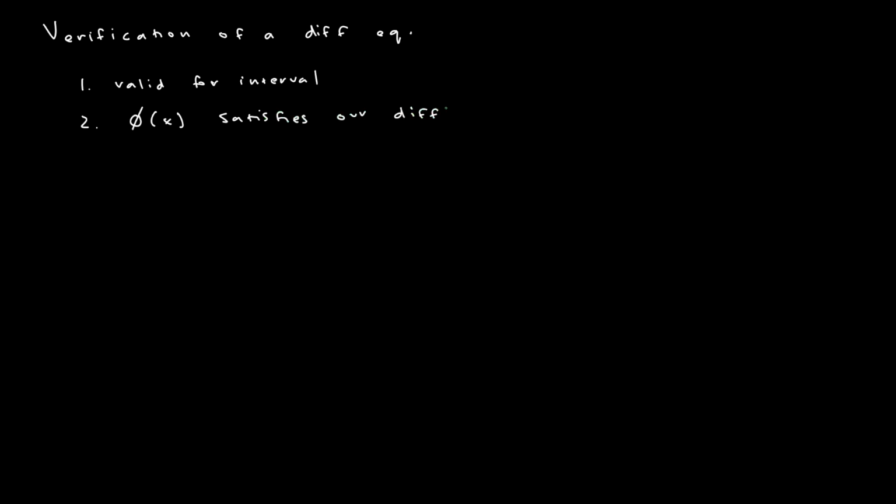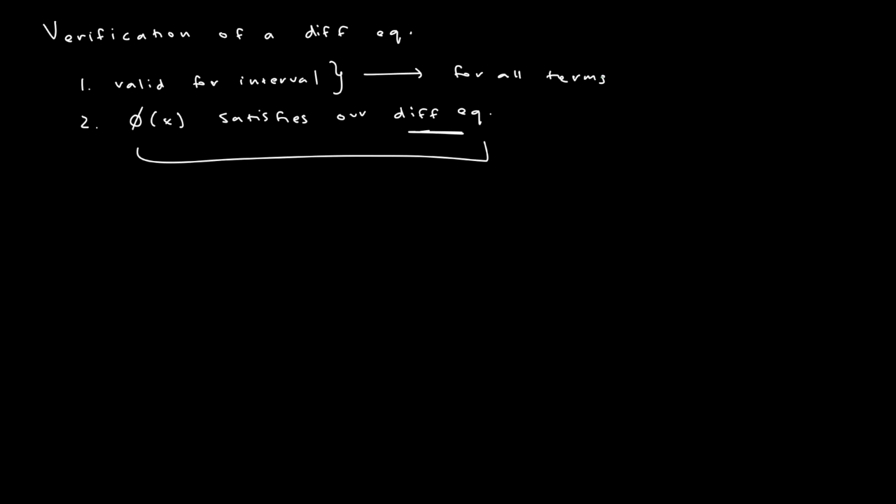So essentially what we have to check is that this function does satisfy the given differential equation for all the terms inside the given interval. Because recall that when you're finding the derivative of a function, it's over a continuous range, and that's why we have to make sure that the diffeq is valid for all the points inside of the interval.